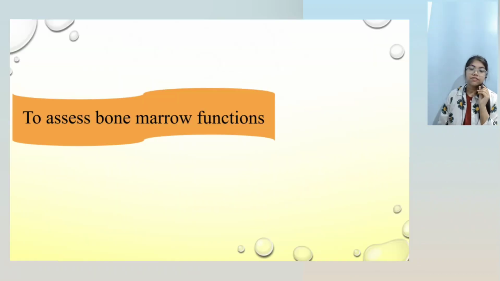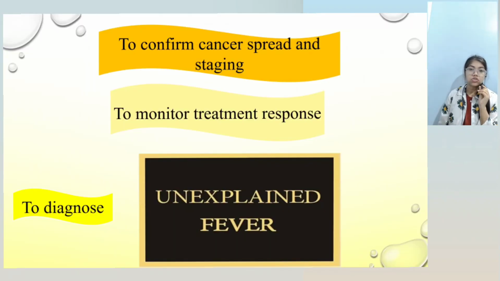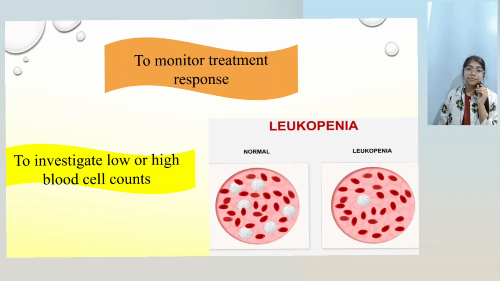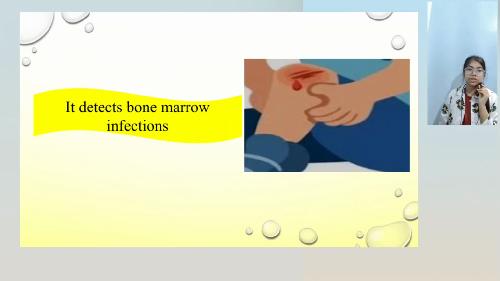Secondly, if a person is having fever for a prolonged period of time and the main cause is not identified, then also bone marrow biopsy and aspiration can be done. Then suppose a person is having leukemias, that is the blood related disorders, or lymphomas, that is if the cancer is affecting the lymphatic system, then also we can do bone marrow biopsy and aspiration.